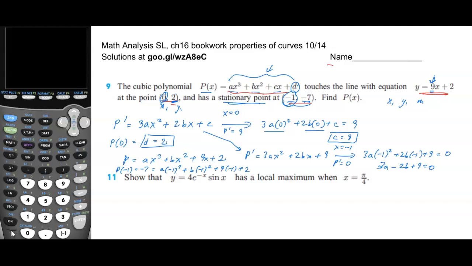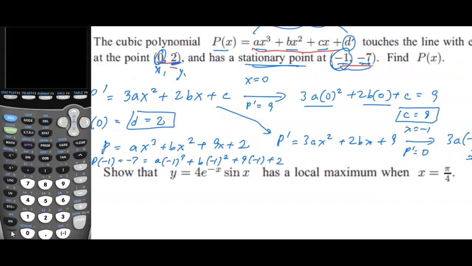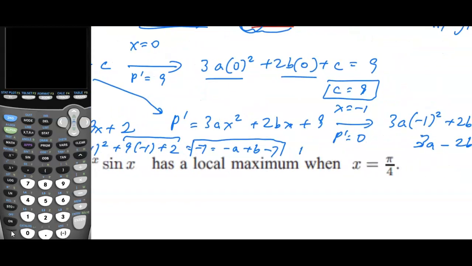That gives us another equation with a and b in it, which is -7 equals -a plus b minus 9 plus 2, so it would be minus 7. We can add 7 to both sides, and then we'll have b minus a equals 0.